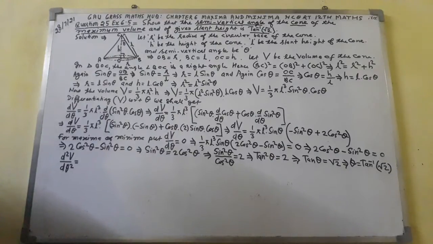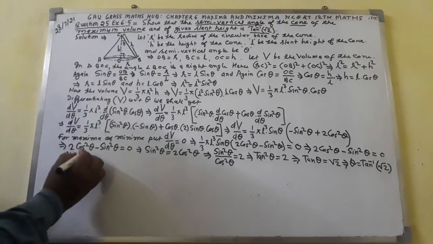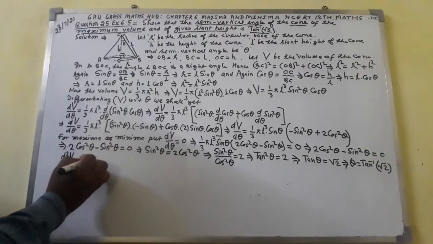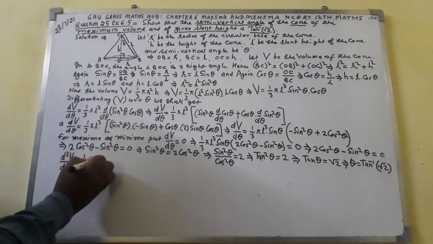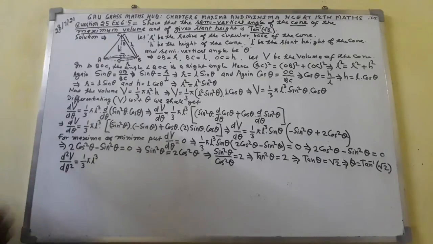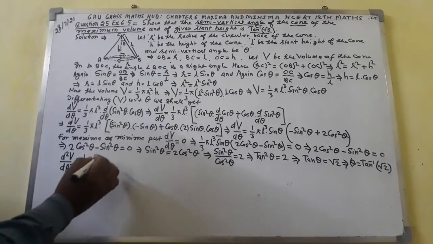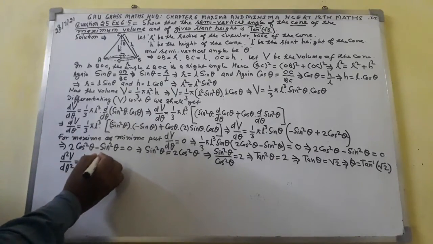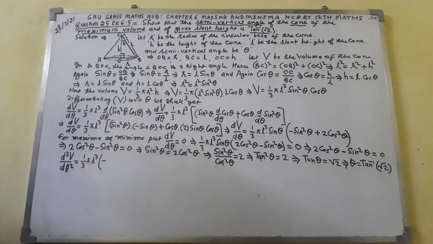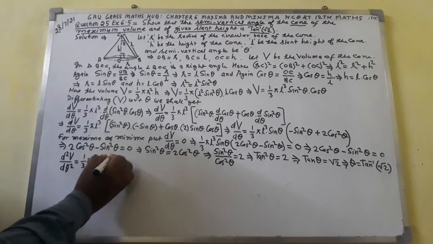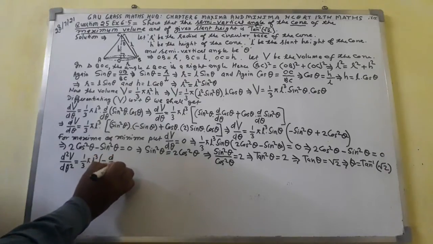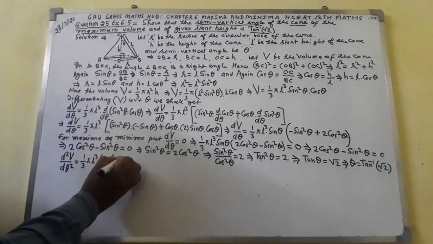Next I shall write 1 over 3 pi L cube in bracket minus d over d theta of sin cube theta.